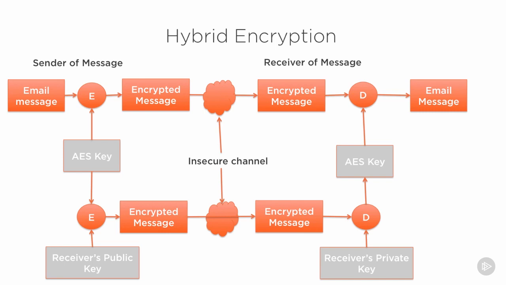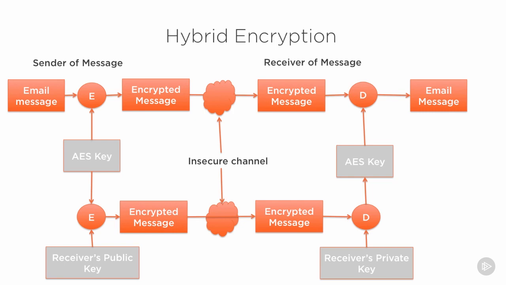We can send that through that same insecure channel, because even though someone is sitting in the middle of that channel, they will not be able to decrypt that message because they would need the receiver's private key. When the receiver receives the encrypted AES key, they can decrypt it using their private key, which will give them the AES key needed to decrypt the encrypted email message.